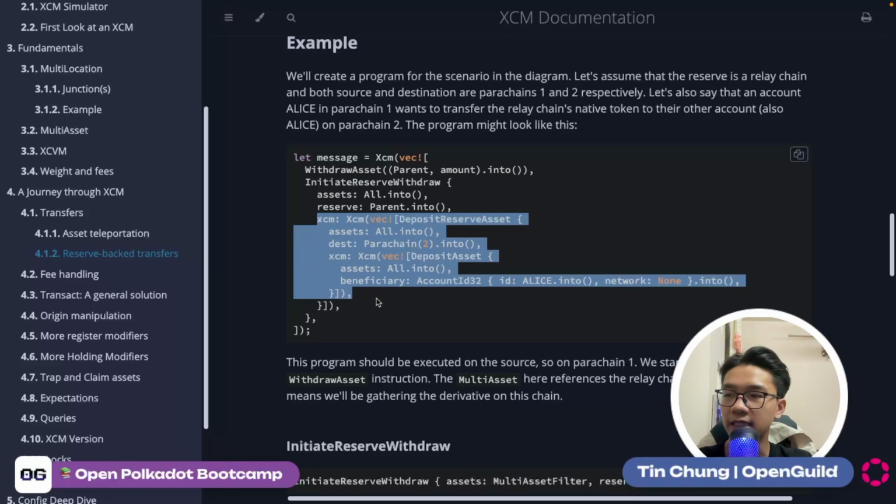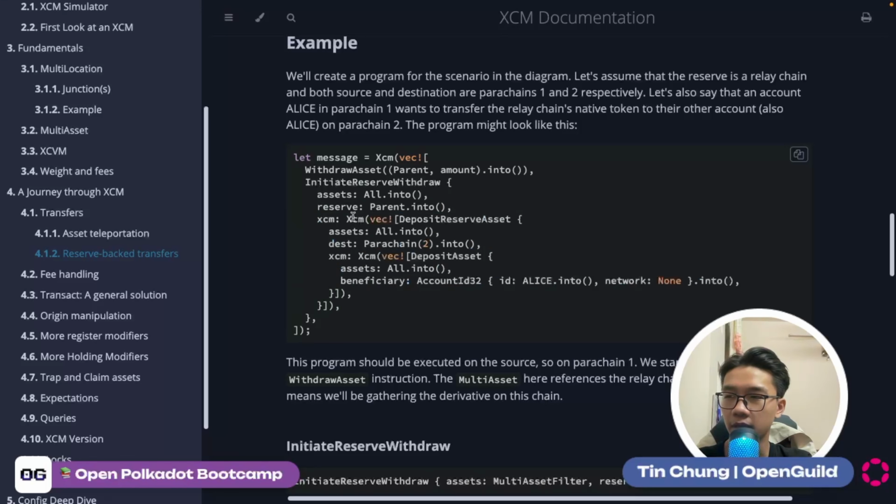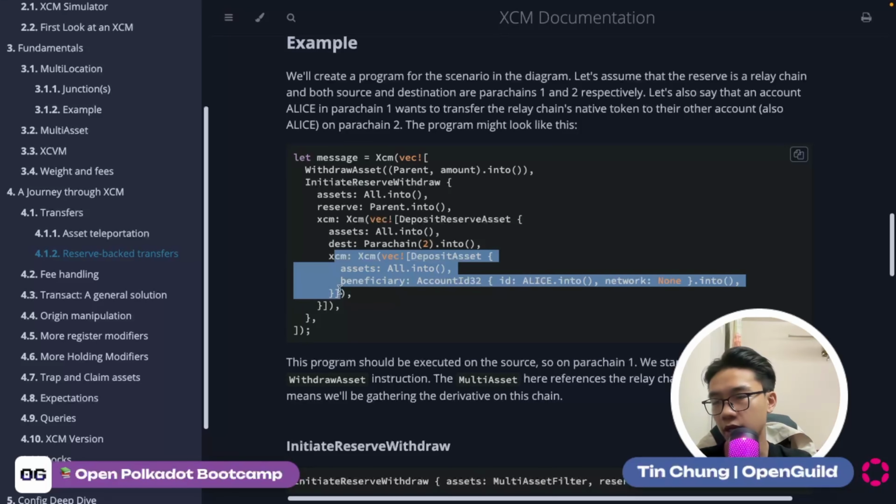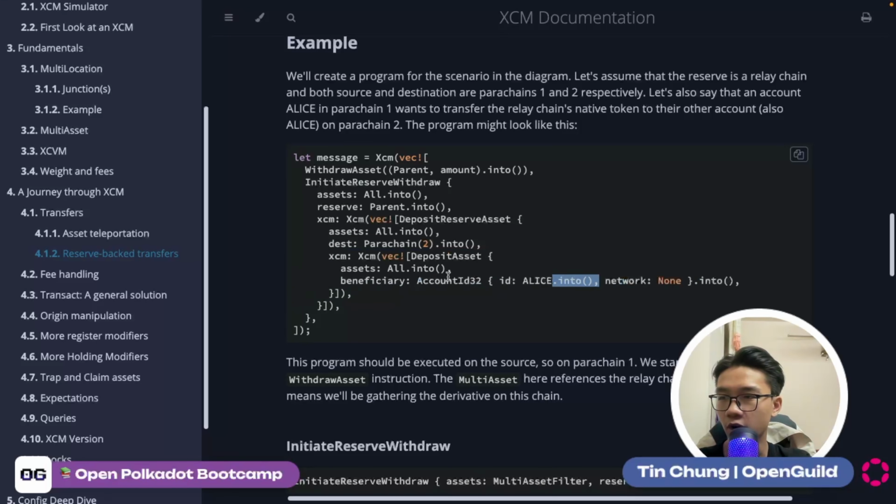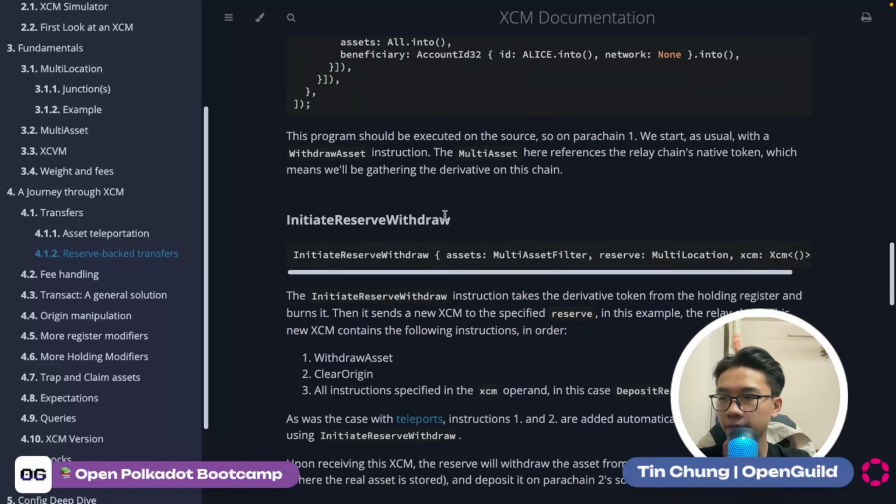Then you call an XCM, and this XCM is going to contain the deposit reserve asset. You send it to the destination blockchain, like parachain 2. Imagine you have parachain 1, and you also have the XCM deposit asset that you add to the account list on that deposit reserve asset.